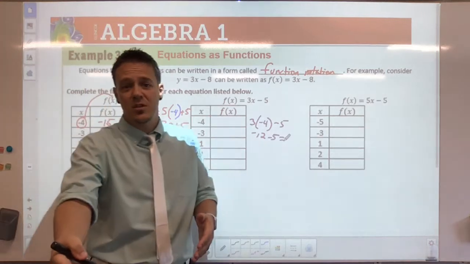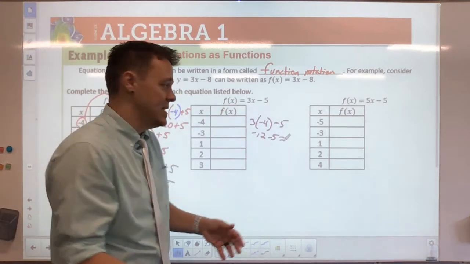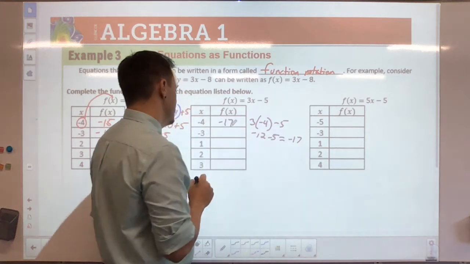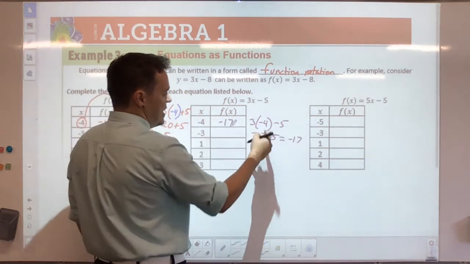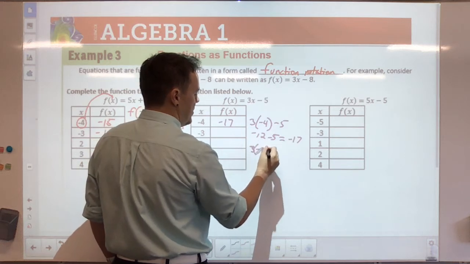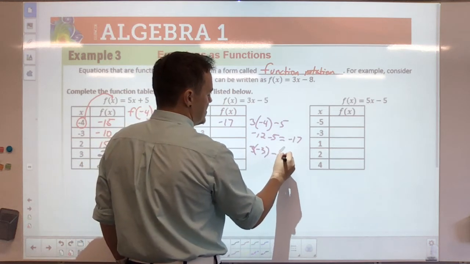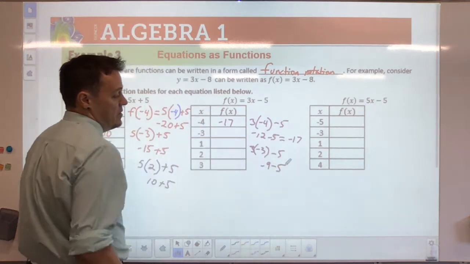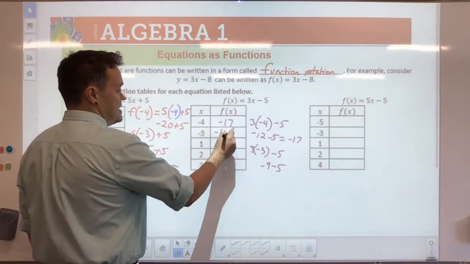You go to another store, you spent 5. How much have you spent? It would be 17, right? So you spent $17. All right, and then the next one here, -3. So there'd be a 3 and a -3. When you multiply those together, minus 5, that would be a -9 and a -5. So combine those together, you'd get -14.